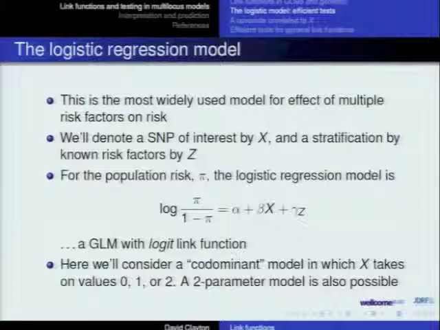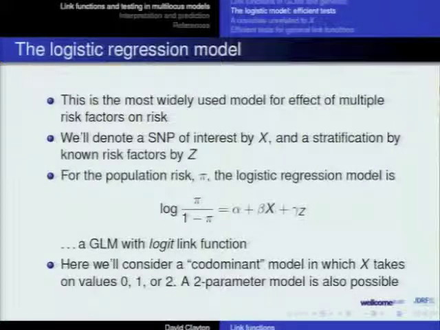So I'm going to consider the simple case of having a SNP of interest that we want to detect an association in, and other risk factors, which I'll just represent for now as a stratification by risk. I'll think of a single stratification. You could imagine a stratification by a risk score, but essentially, just for now, consider it as a simple stratification.